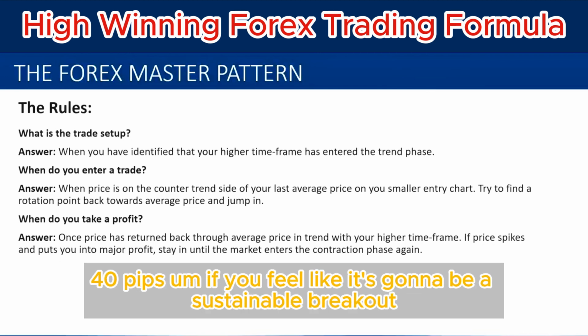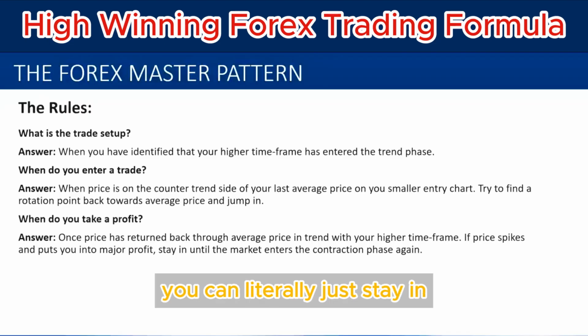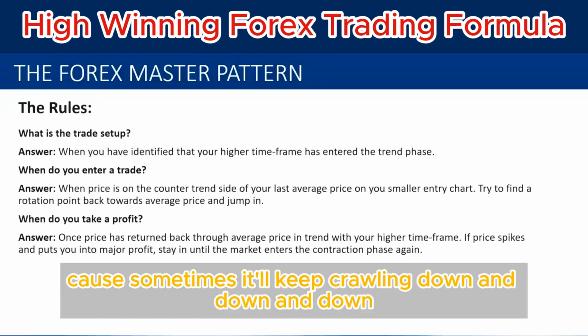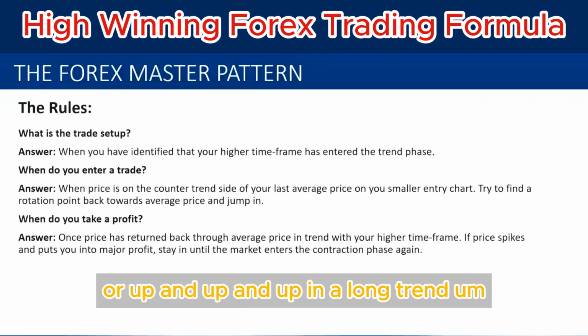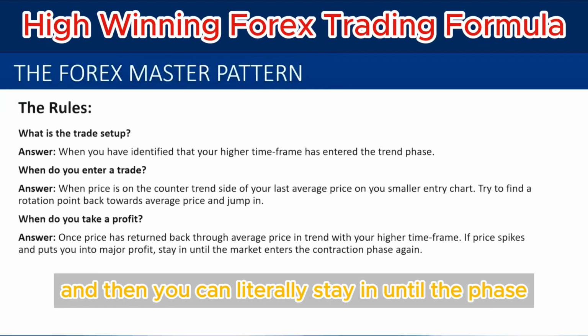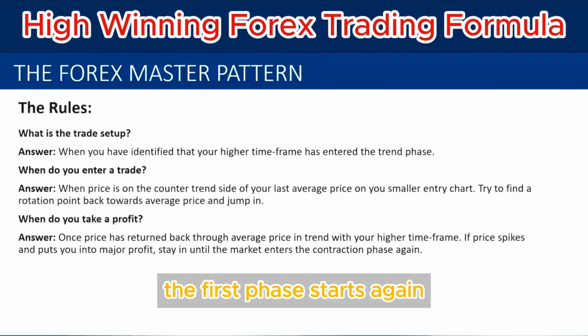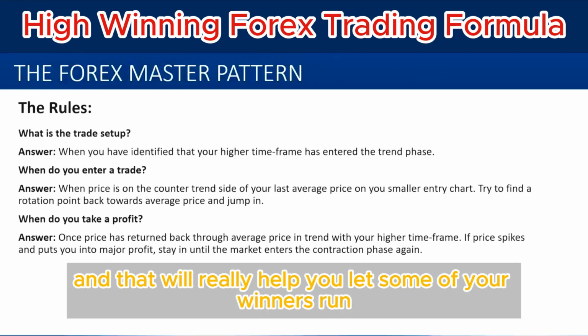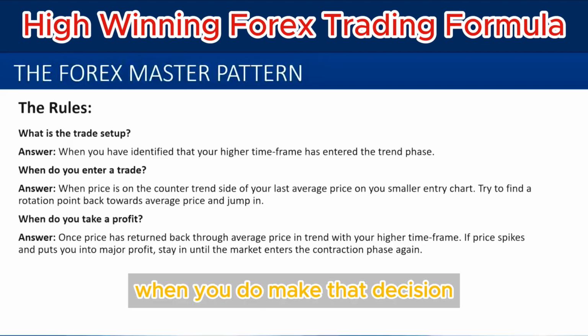If you feel like it's going to be a sustainable breakout, you can literally just stay in, because sometimes it'll keep crawling down and down and down, or up and up and up in a long trend. And then you can stay in until the first phase starts again, which is a contraction phase, and that will really help you let some of your winners run, when you do make that decision.